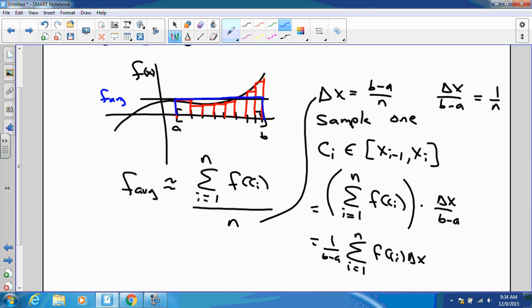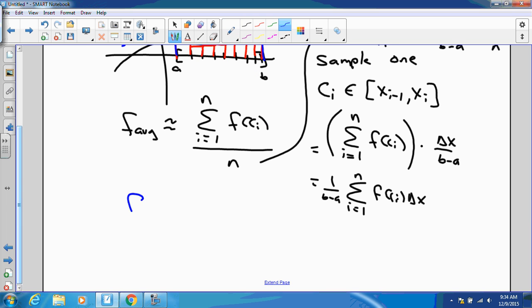Well, I can now make this average perfect by letting the width of my delta x go to 0. Because as the width of delta x goes to 0, each one of my rectangles now only has one choice for its sample value, and that's f of x at that point. You see what I'm saying? So by letting delta x go to 0, I will now be including 100% of my function values in the sample, and I now have the true population mean.